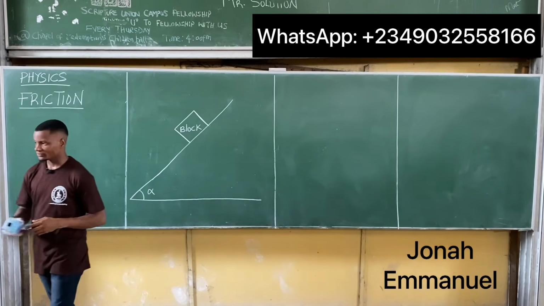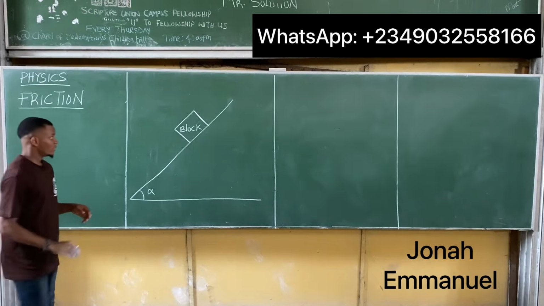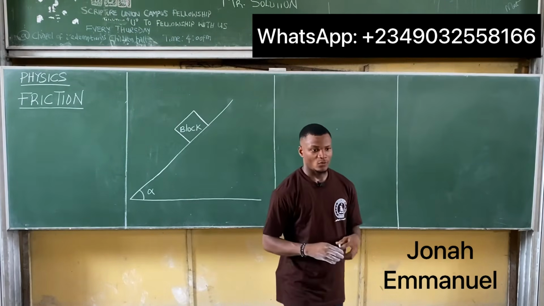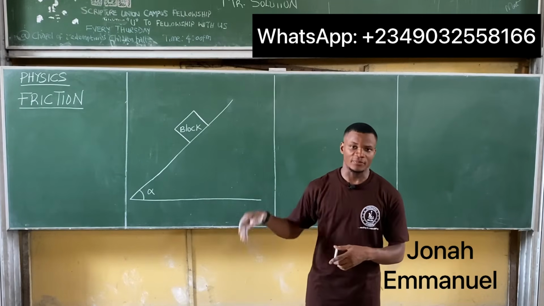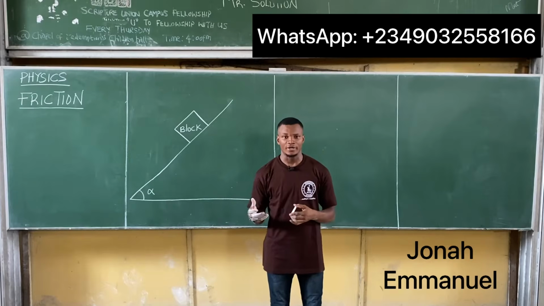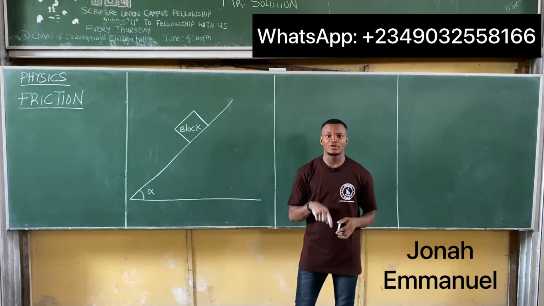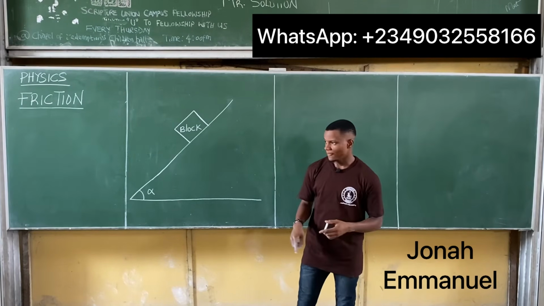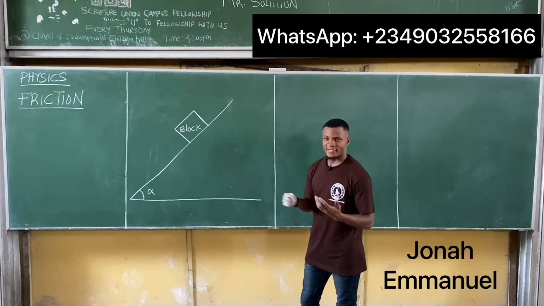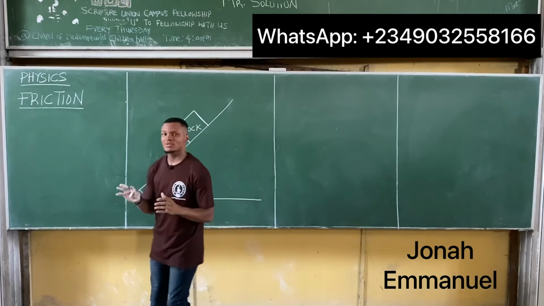What do we do? Now, first things first, this is an inclined plane. We've already dealt with inclined planes in a previous video. I'll leave a link to the video on inclined planes in the description of this video. Alright, so at this point, let's deal with this. First things first, here's what we know.